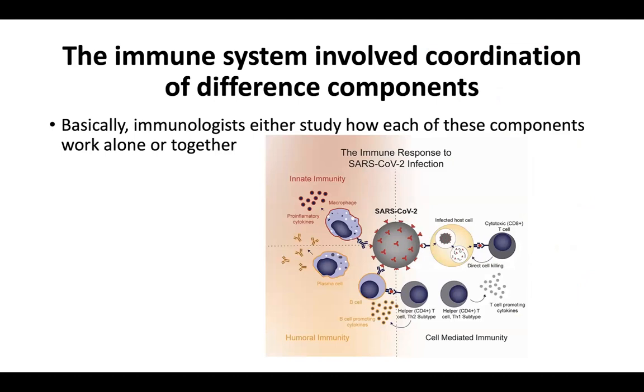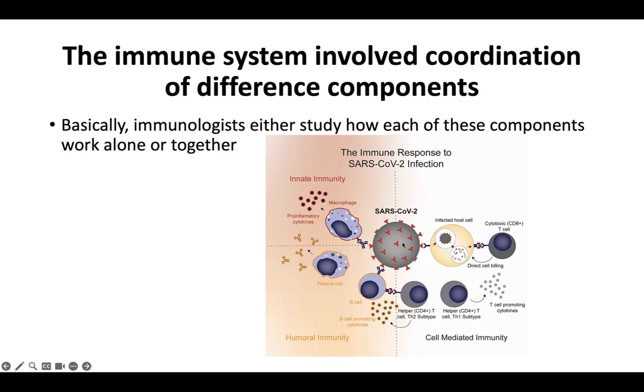I mentioned each of the components, but they don't necessarily work by themselves to clear the invading microbes. Basically, immunologists study how each of these components work in response to the target. In this case, it's the coronavirus.